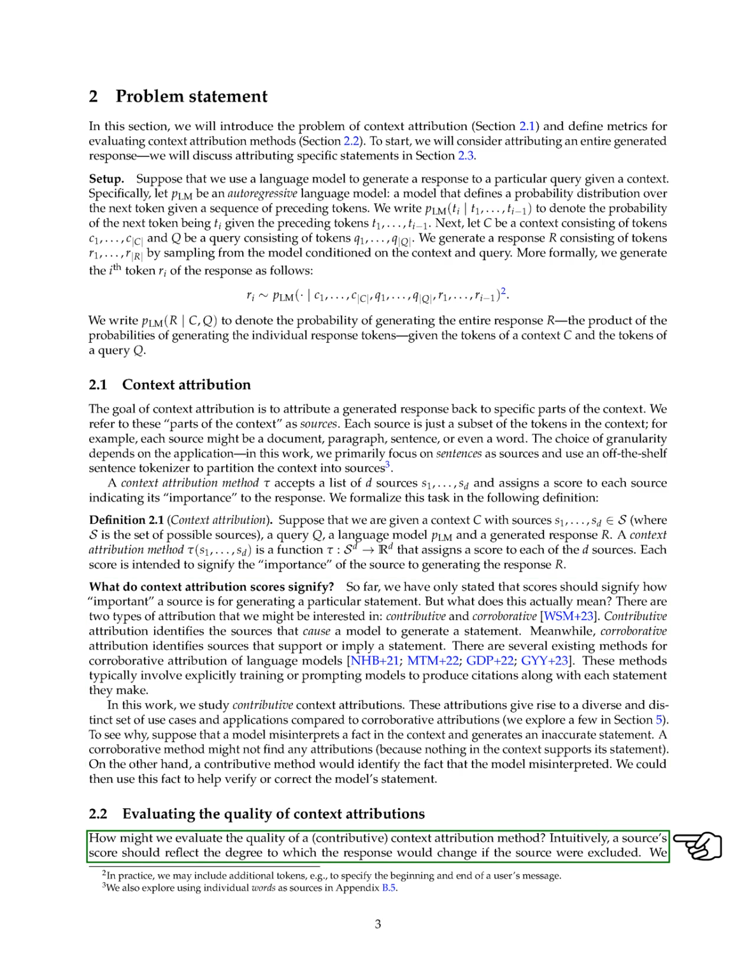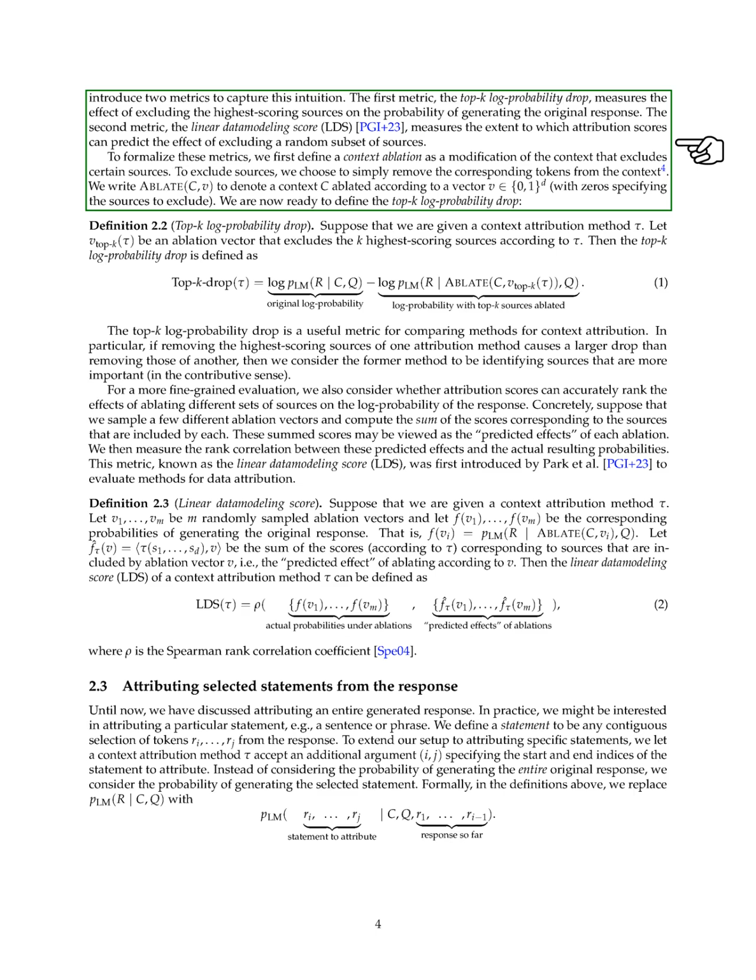To evaluate the quality of our contributive context attribution method, we propose two metrics. The first, the top k-log probability drop, assesses how the probability of generating the original response changes when we exclude the highest scoring sources. The second metric, the linear data modeling score, LDS, measures how well the attribution scores predict the impact of excluding a random subset of sources.